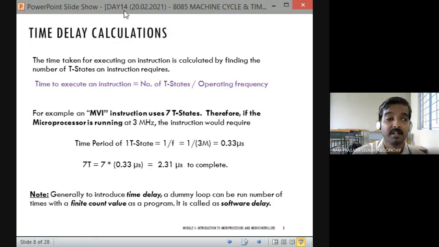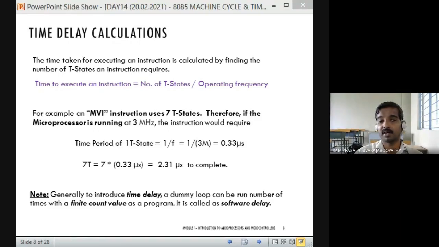Okay. Now the intention of what we are doing is to make the LED on, then make the LED off. But we should introduce some timing that we call delay. For the delay, we use a simple program that is going to execute.